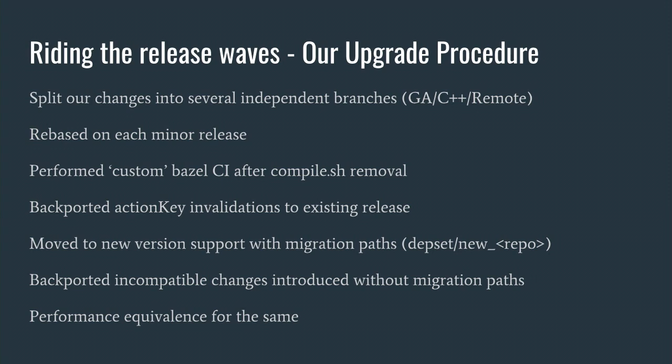So what we ended up doing was splitting our independent changes into several different branches. We rebased each one of these branch sets on a minor release, and then we took all of the build results after we had properly done the rebase, and we ensured that all of our action cache keys mapped, so that when we transitioned from one side to the other, we could test in isolation all of the unique behavior changes that we had in addition to all of the changes that had come in from upstream.